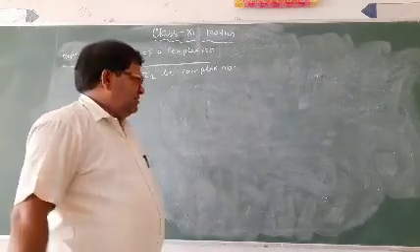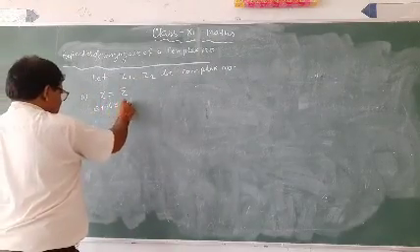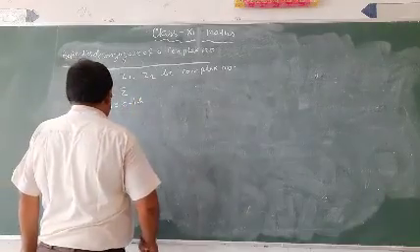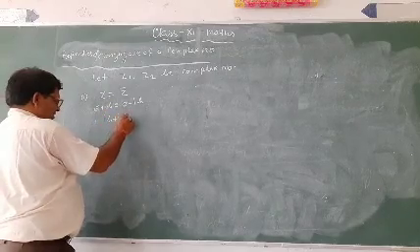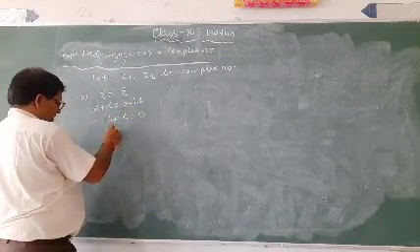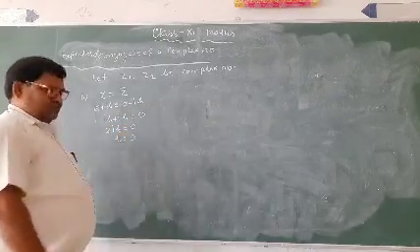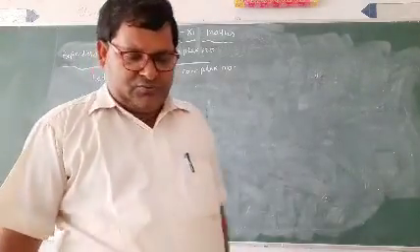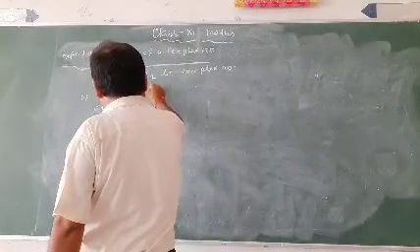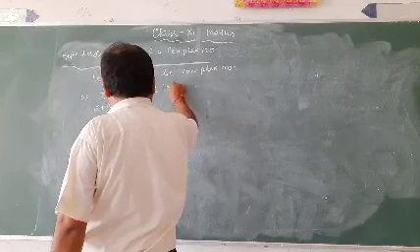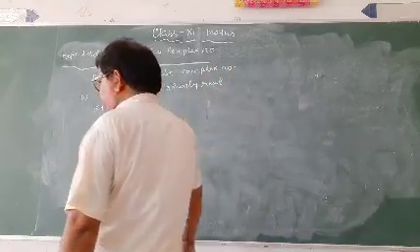Then a plus ib equals a minus ib, a cancels, ib plus ib equal to 0, and 2ib equal to 0, and b equal to 0. So this implies that z is purely real.